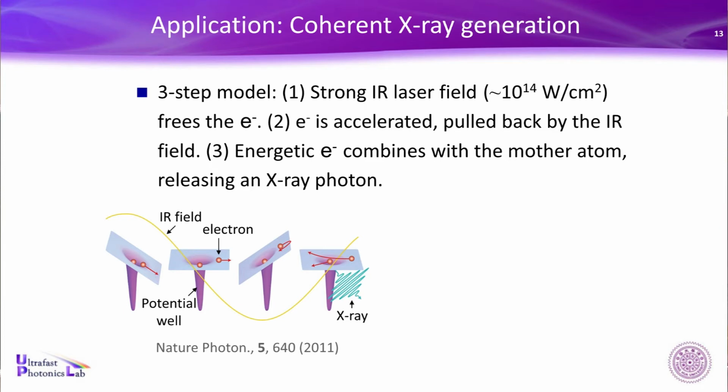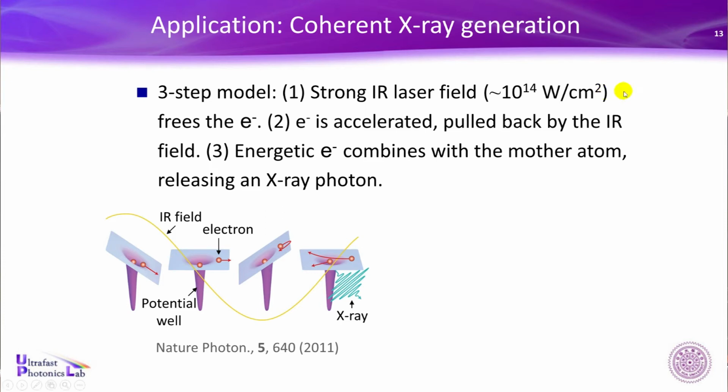You need this infrared laser field to free the electrons. Like in this figure, without any external electric field, your potential well should be like this, so your electron is well confined in this potential well.